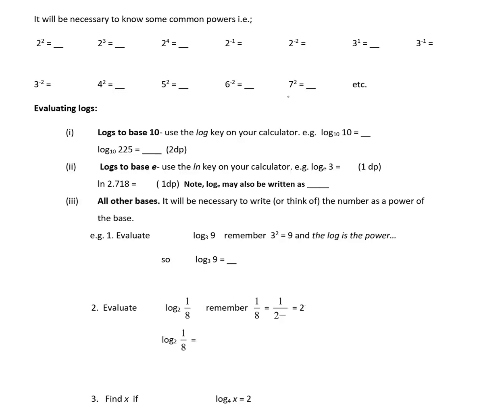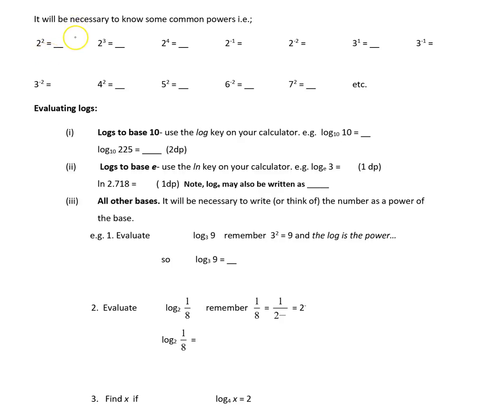Now, like I said, it's not necessary in some cases to go to a calculator if you know some common powers. Certainly if you know the powers of 2, then it becomes very easy to find the log of numbers to base 2.